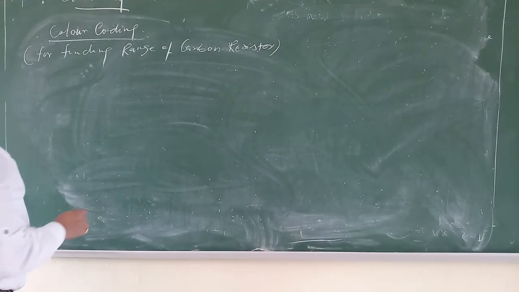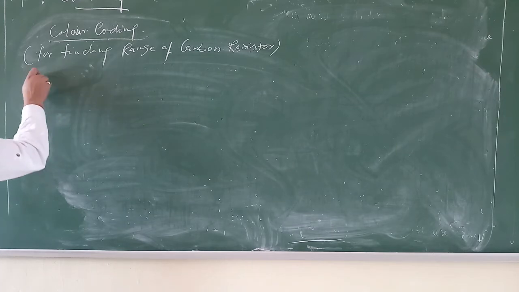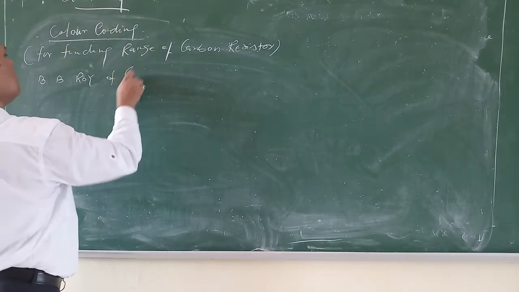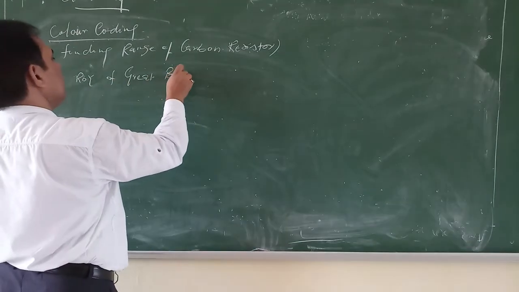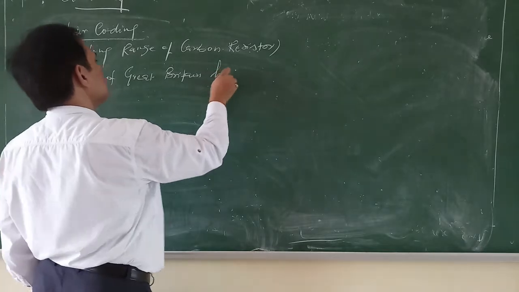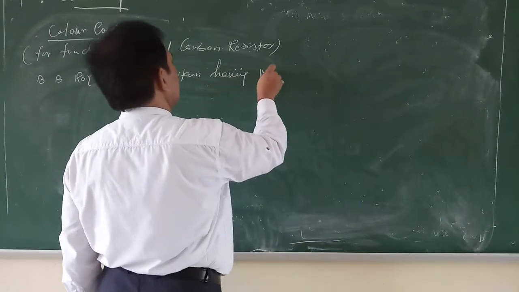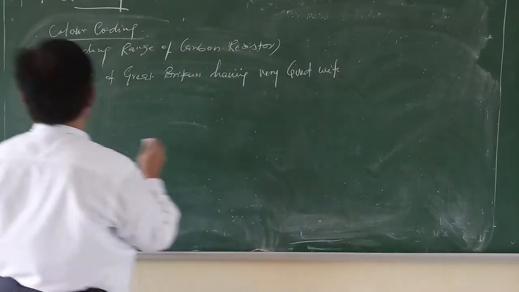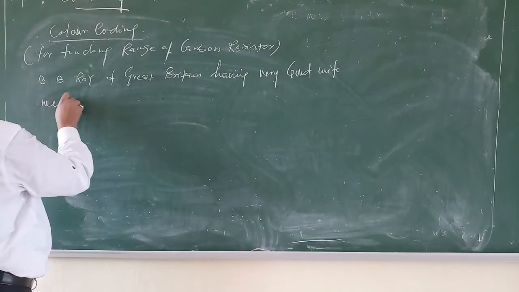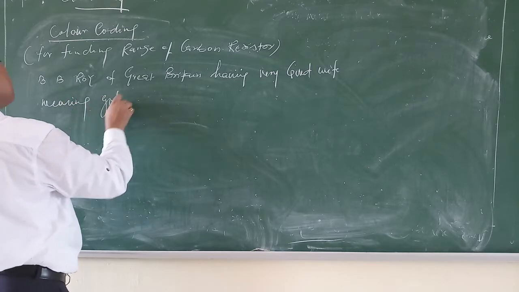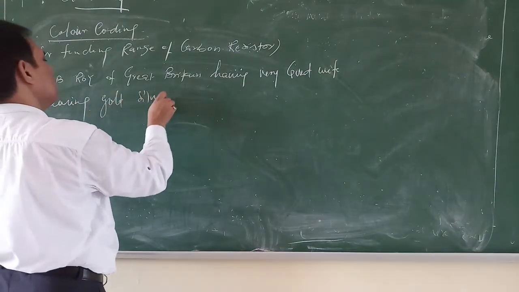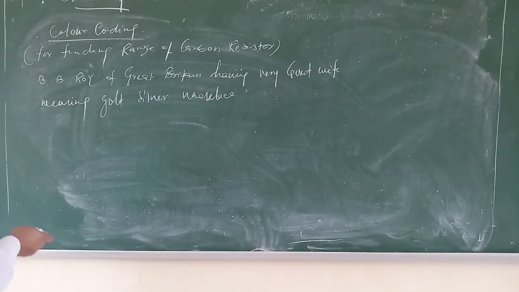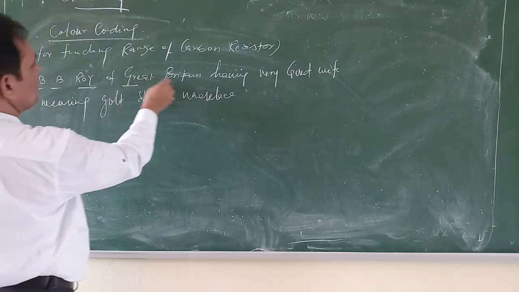The color code is: B B Roy of Great Britain having very good wife wearing gold silver necklace. So here these all represent the colors.